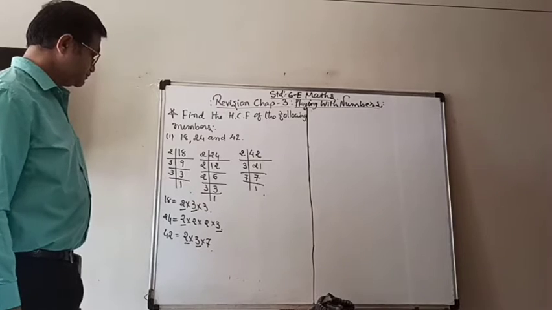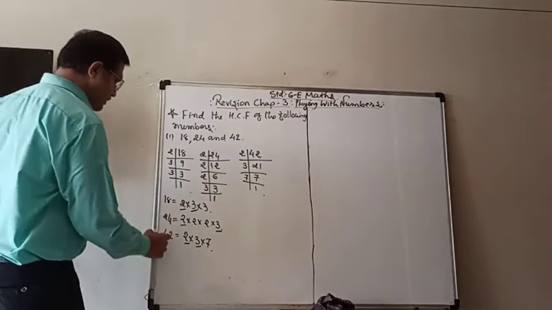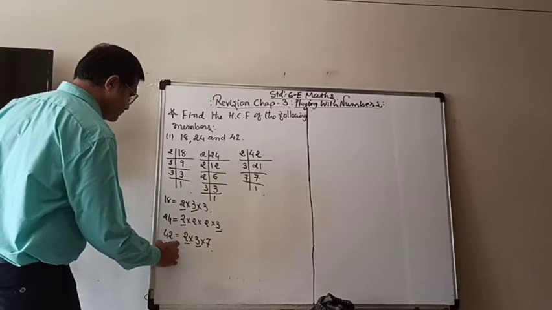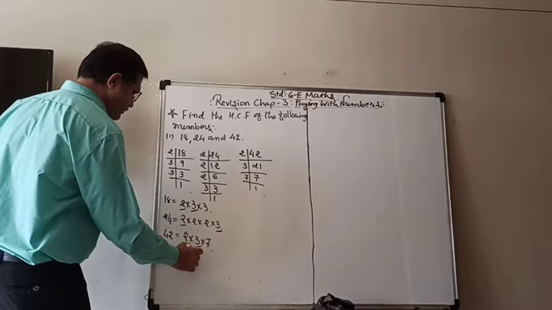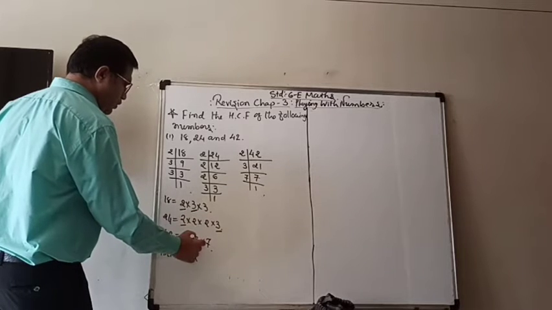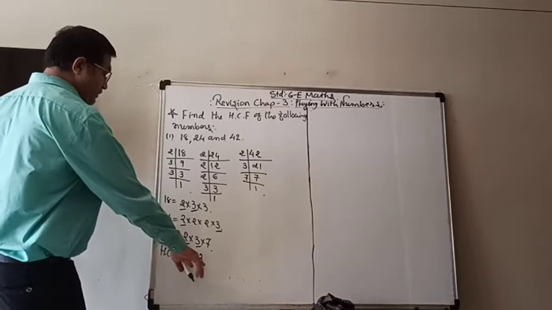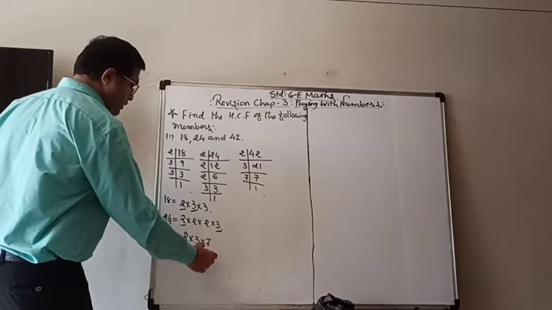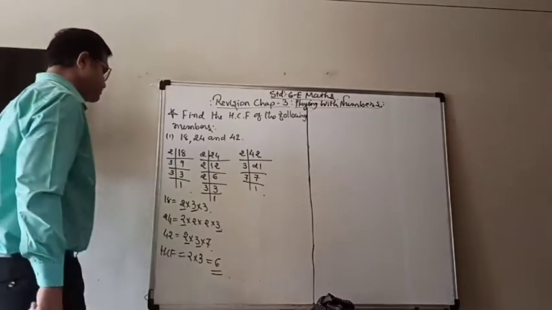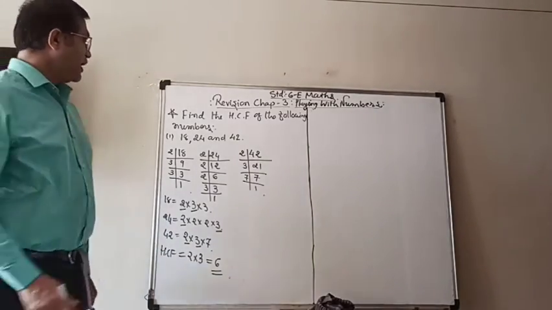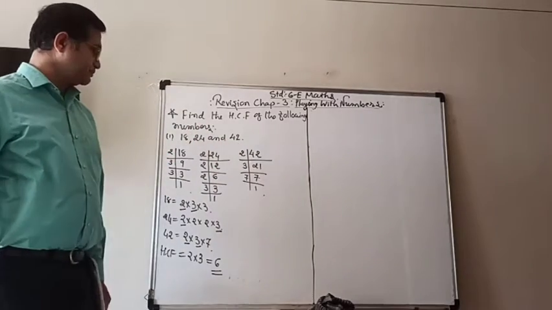Any other? No. It means that HCF is equal to the product of the numbers that are in all three numbers. So HCF will be 2 3s are 6. So 6 is the highest common factor of those three numbers.